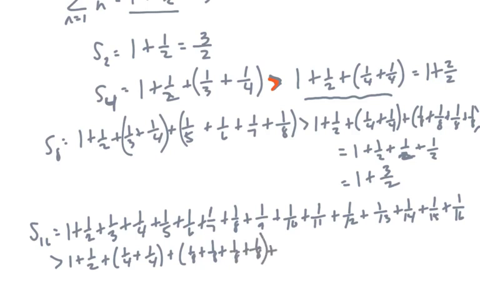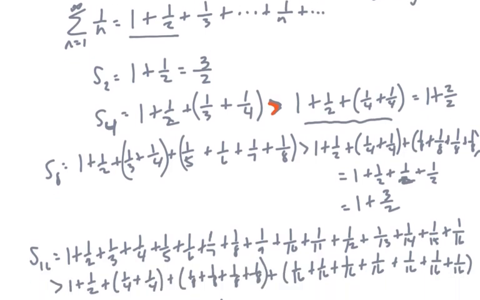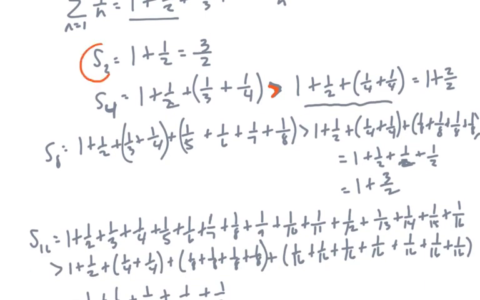Can you guess what goes next? Yep, 1/16 plus 1/16, all of these places. So this equals 1 plus 1/2 plus 1/2 plus 1/2 plus 1/2. So this is 1 plus 4/2. Now notice if I'm at S sub 2, I have 3/2. We call it 1 plus 1/2. Let's do away with that 3/2.